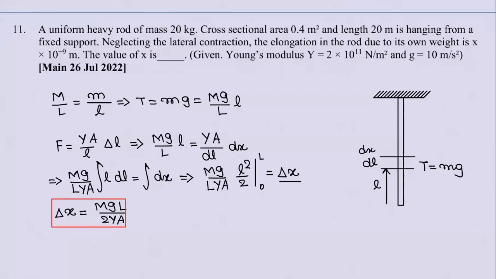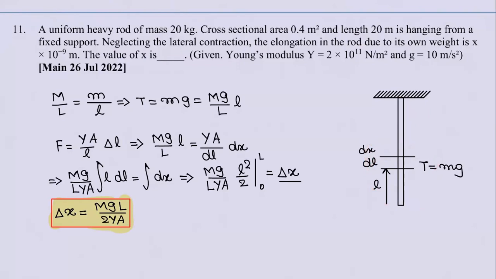Sir, this one you expect me to do in examination? In a way, yes. This is the first thing. Sir, any shortcut? Just simply remember, it is a kind of wrong method, but you'll get the right answer. When you have a body which is elongating because of its own weight, simply take the center of mass, problem solved.